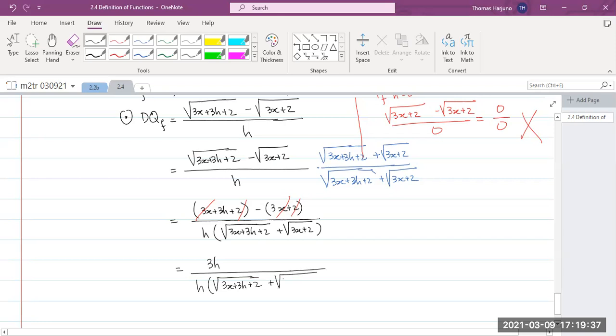Can we say, oh, okay, this is my answer? Then you check. What happens if h equals 0? You will get 3 times 0, which is 0, on the top. At the bottom, you have 0 times something, but that's still 0 over 0. So no, you still cannot stop there.